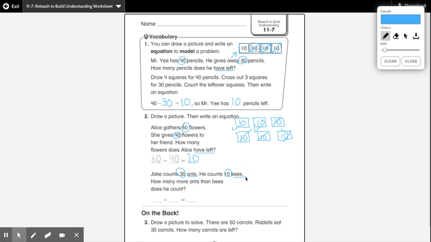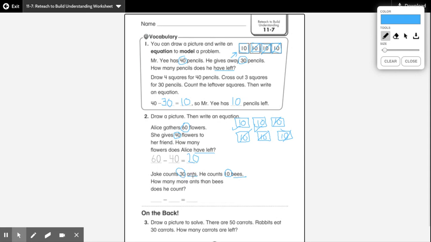Ooh, this model is going to look a little different. Remember, boys and girls, when we're comparing two different things in the story, our model is going to look a little different. It's not going to look like this. Because in this one, we talked only about flowers. And this one up here, we only talked about pencils. But here, we're going to be talking about two different things. So let's continue here.